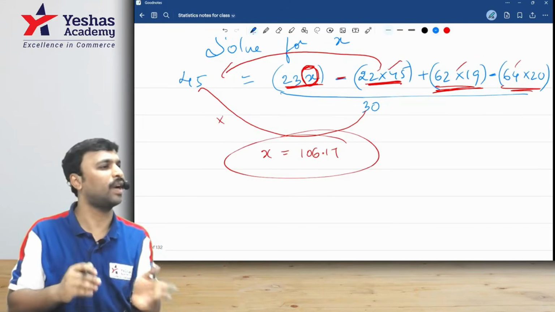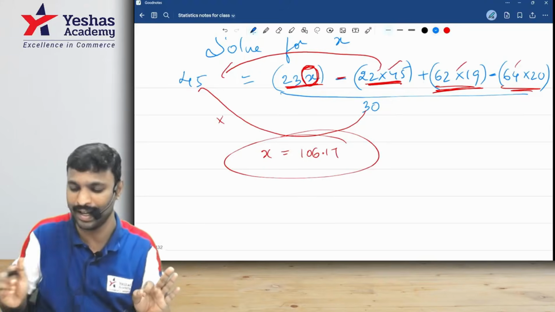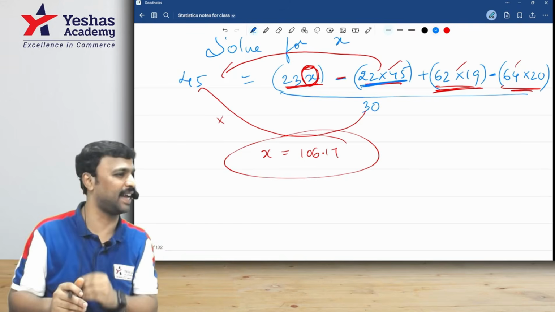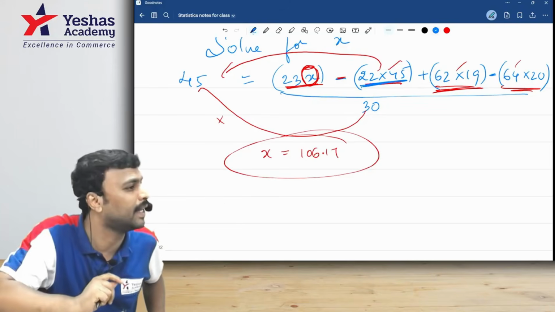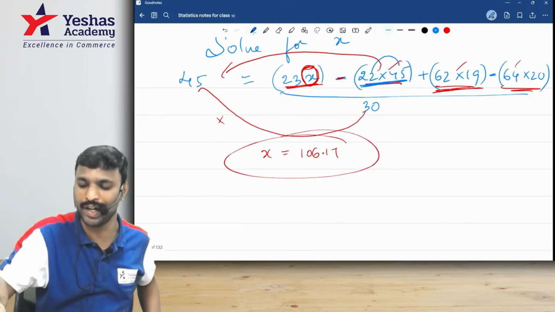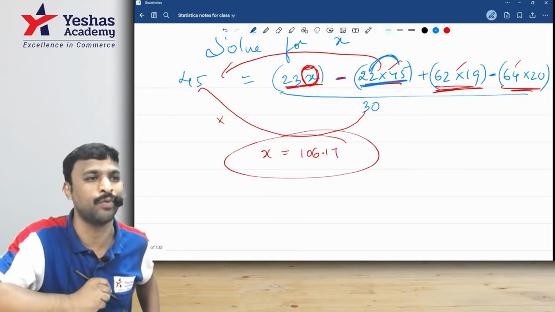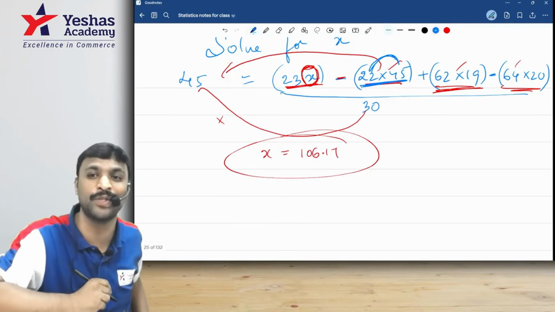Yes. Now, what is added or subtracted with x term, we have to see on the other side. 22 into 45 is subtracted on the other side. If you take it to the left hand side, it will become plus. Clear? So what you do? 22 into 45, M plus or M minus? M plus. Why? Though it is negative, when it is taken to the other side, becomes what?